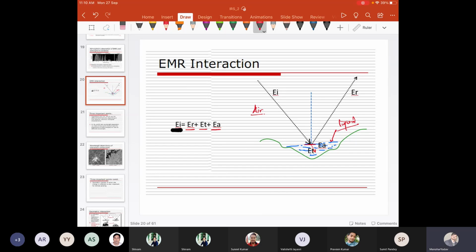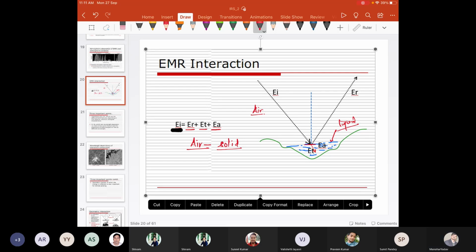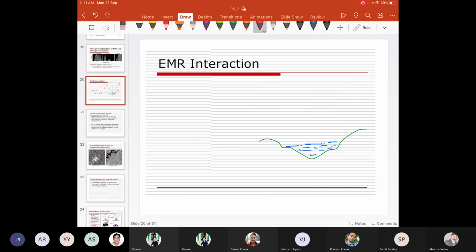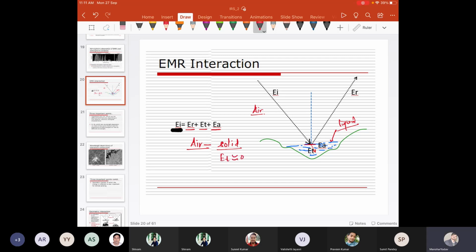But let's say if EMR radiation is moving from air to solid, then in this case we can say that this transmitted component is nearly zero.